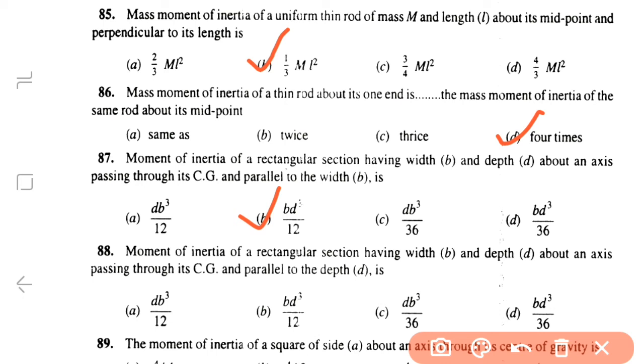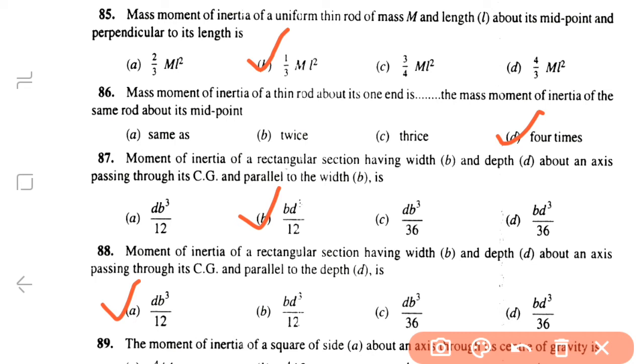Now next is moment of inertia of a rectangular section having width b and depth d about an axis passing through its CG and parallel to the depth d is. Here, friends, these are the options, and the correct answer is option A, that is db cube upon 12.